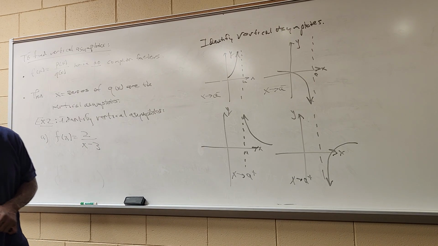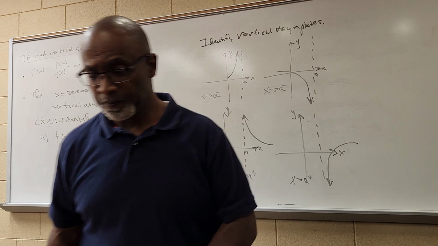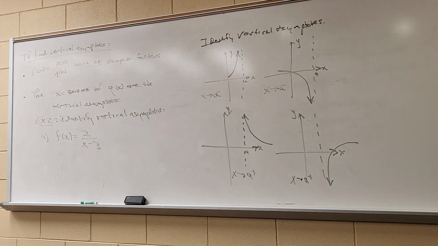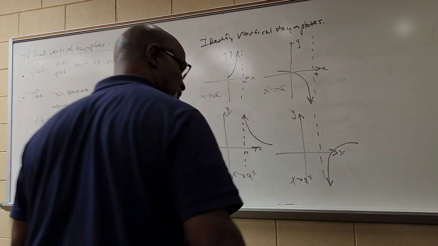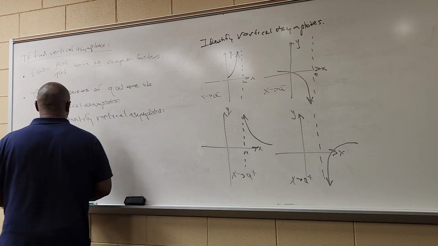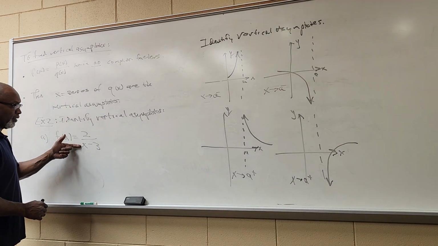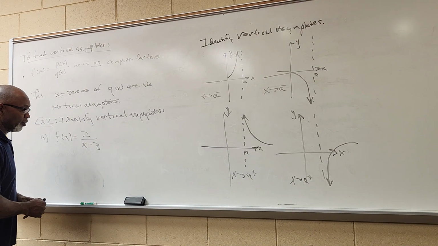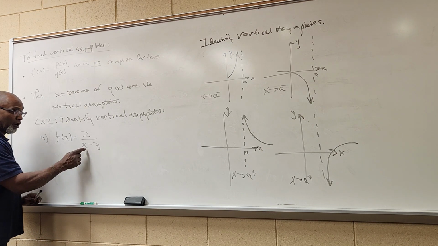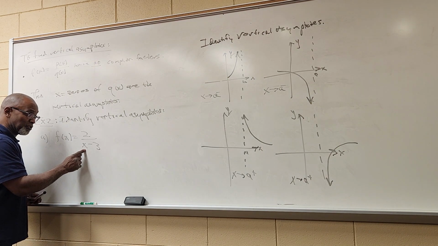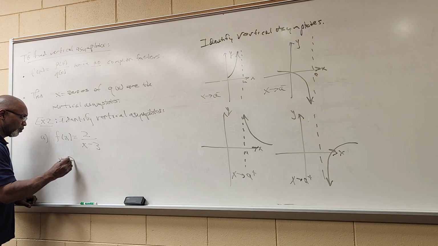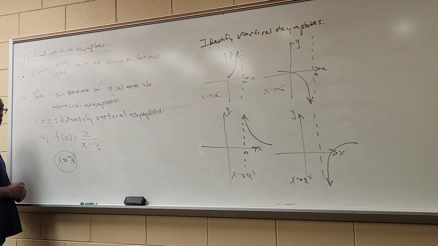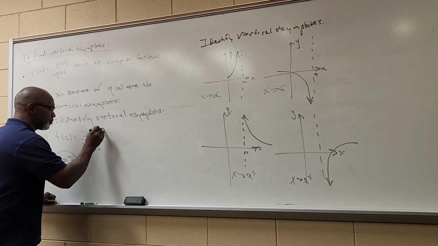My pen's starting to give out a little bit. I'll replace it in a little while. So f of x equals p of x over q of x. Well, obviously the numerator and denominator don't have any common factors. And all you got to do is ask yourself, what makes my denominator 0? Well, 3 minus 3 would make a 0 at the bottom. So x equals 3 is my vertical asymptote for that function.